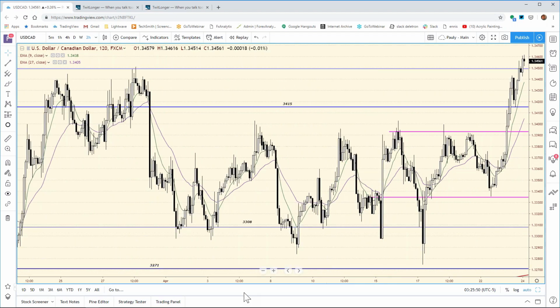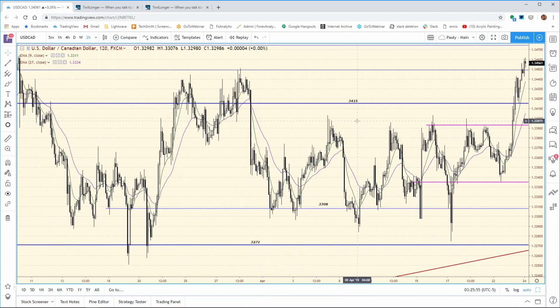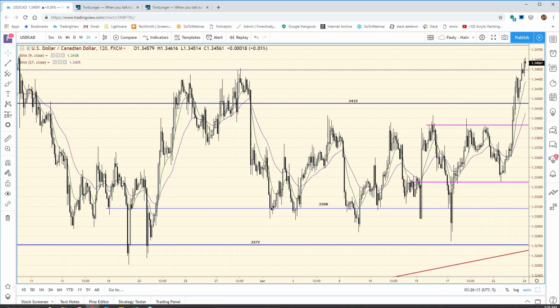And support will be right here at 34.15. Obviously, if it wasn't as bullish, that's where they'll make a run to immediately. And then the next key would be our old resistance of 33.93. So it's going to be 34.15.